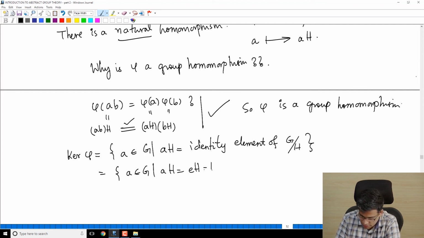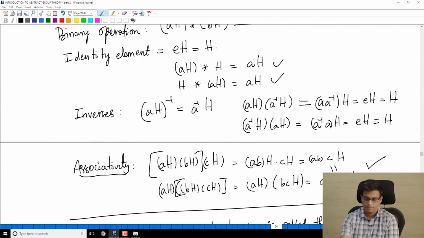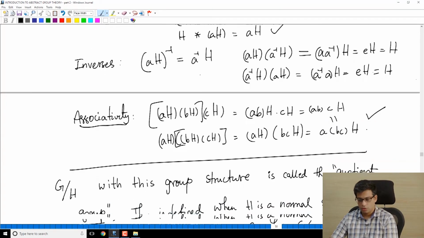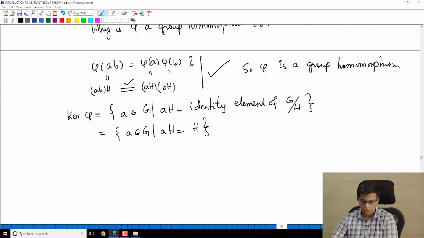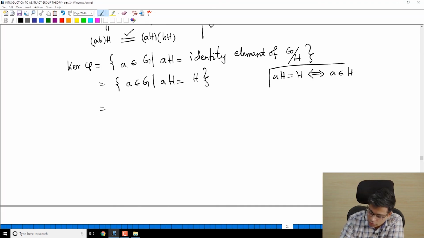The identity element of G mod H, remember, is H. So it is all elements that map to H. But when is AH equal to H? This happens precisely when A is in H. This is something we have discussed earlier. So kernel phi is H.